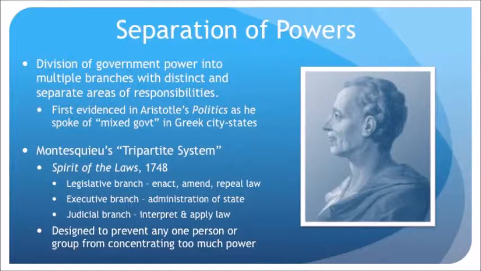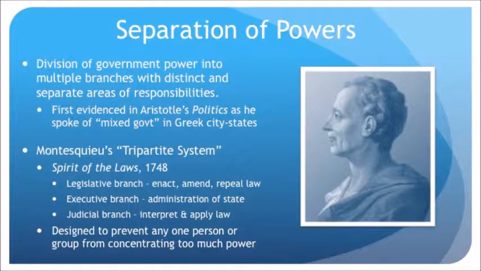And we have it in the United States in the forms of the legislative branch, the executive branch, and the judicial branch. The executive branch being the president and his or her powers, the legislative branch being the two houses of Congress, the House of Representatives and the Senate, and the judicial branch being the Supreme Court.